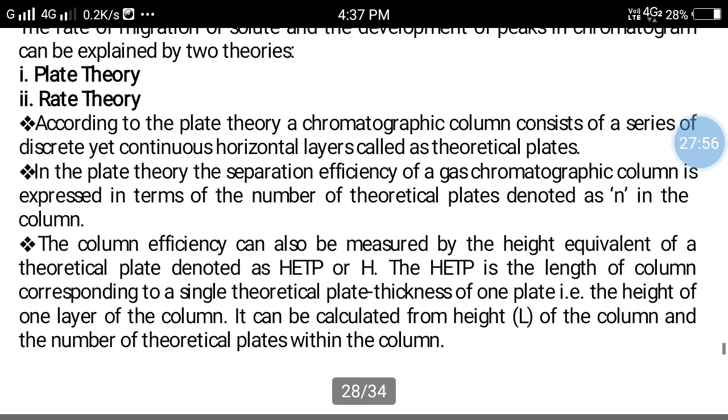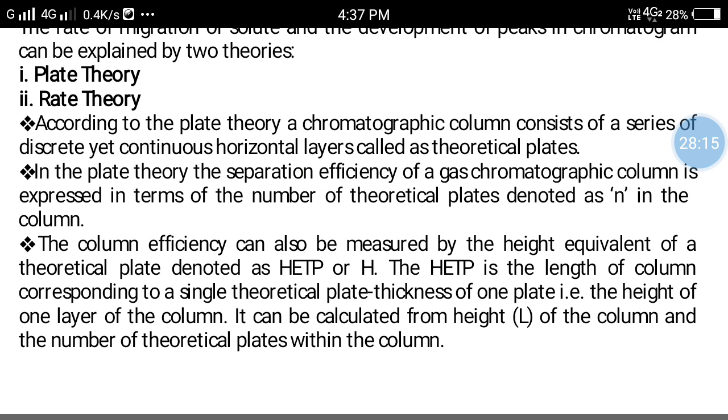According to the plate theory, a chromatographic column consists of a series of discrete yet continuous horizontal layers called theoretical plates. In the plate theory, the separation efficiency of the gas chromatographic column is expressed in terms of the number of theoretical plates, denoted by N, in the column.